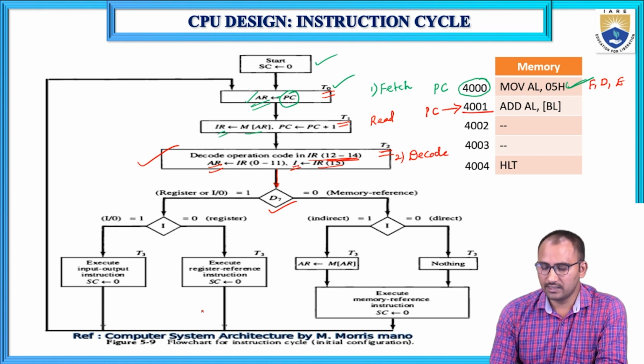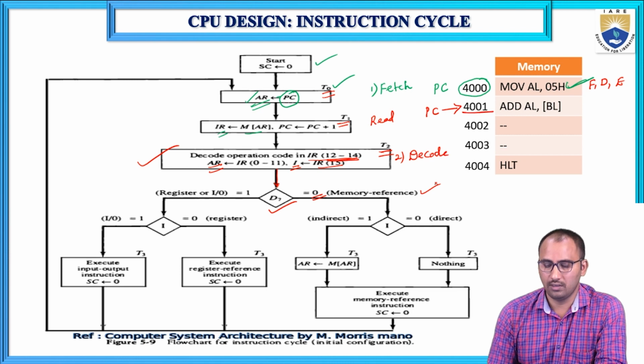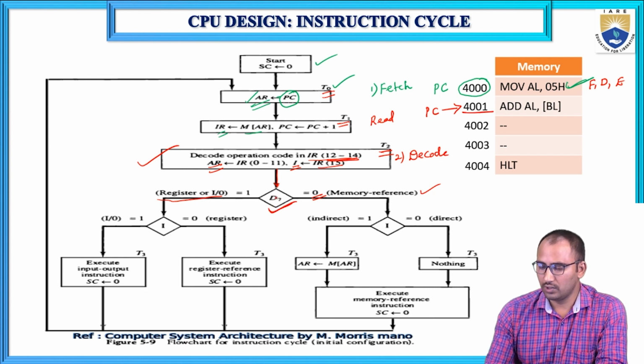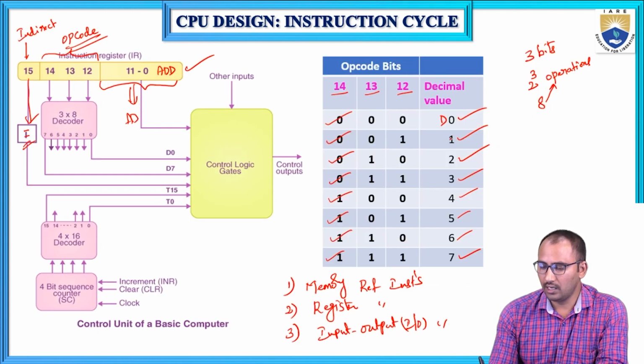When D7 is equal to 0, that is a memory reference instruction. When D7 is equal to 1, that is a register reference or IO reference instruction. D0, D1, D2, D3, D4, D5, D6, D7.